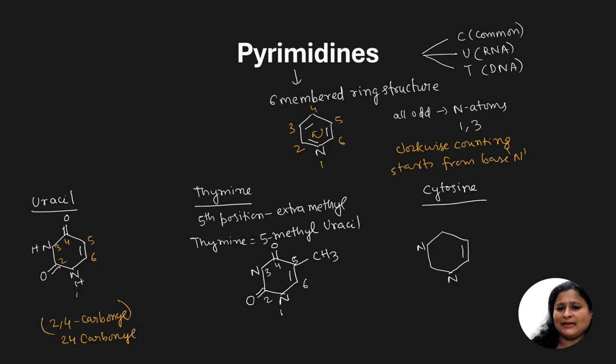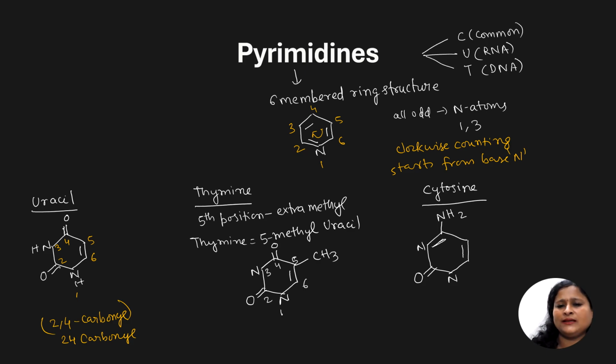After putting that, we do not change the carbonyl group at second position. This remains intact. What changes? Here you just put the amine group. To satisfy valency, you can put one C double bond N or imine bond here. That's it. The structure of cytosine is done.